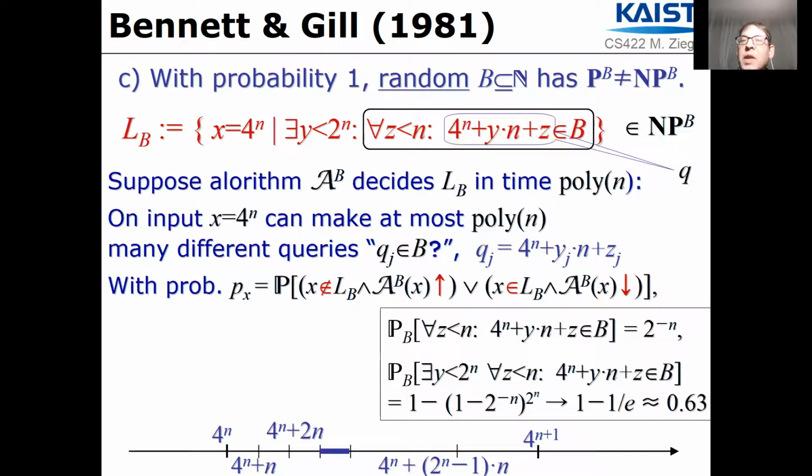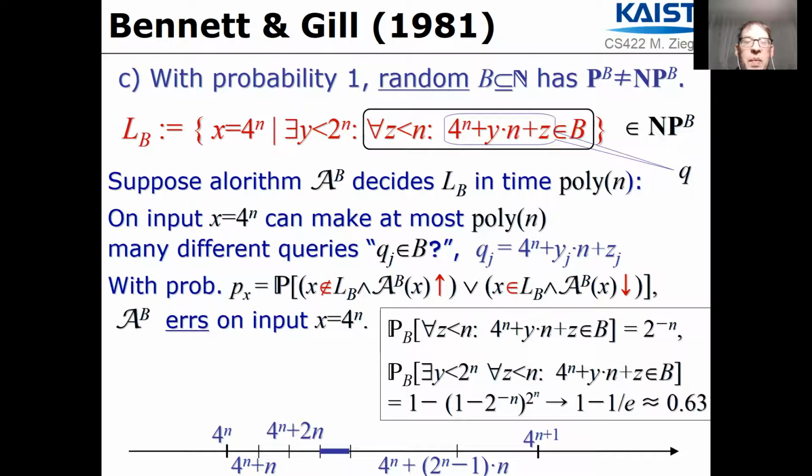And we're going to show that this probability is positive. It's bounded from below. It's at least 0.1. This is what we're going to show: the probability that the algorithm A on input x with a random oracle B makes a mistake.